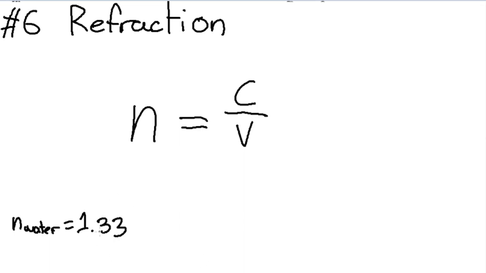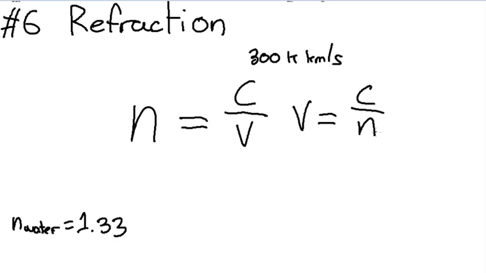You're going to use this to convert the speed of light, which is 300 kilometers per second. And what we're going to look for is the v symbol. How you get v is you just do v equals c divided by n.